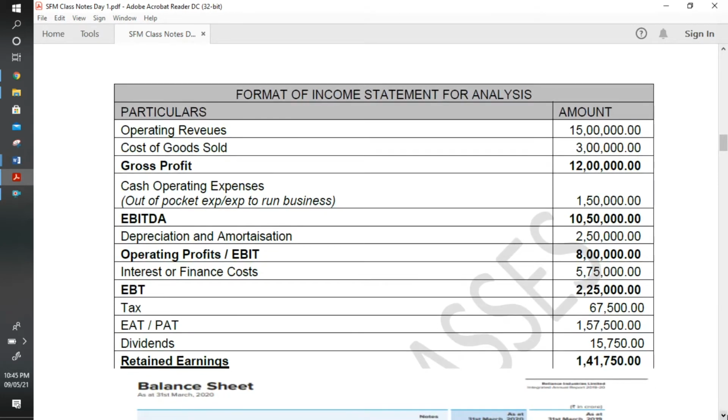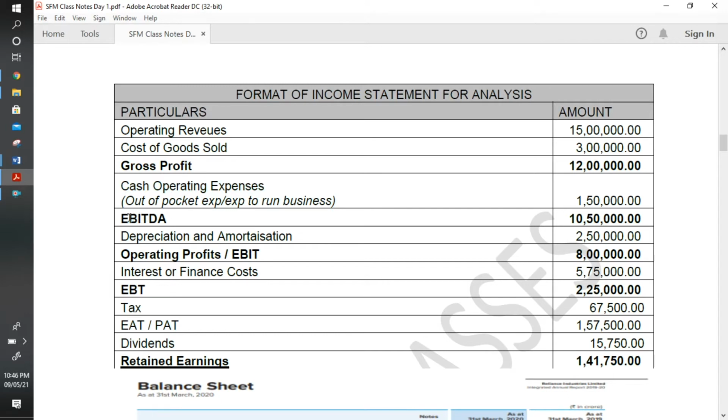That is, first we need to arrive at the operating revenues, which includes all the sales. From that, we need to reduce the cost of goods sold to arrive at the gross profit. So it is the first level at which profit is being calculated, which is gross profit. And from gross profit, we reduce the cash operating expenditure, which is the out-of-pocket expenditure to run the business.